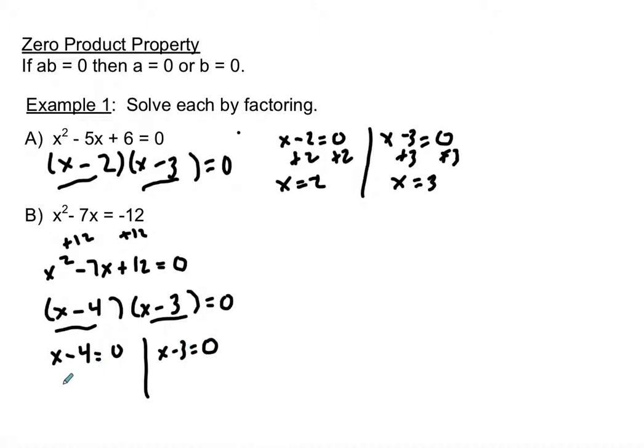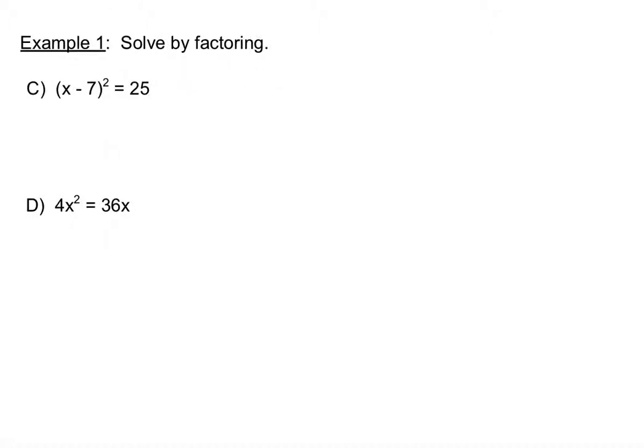Now I can add 4 to both sides over here, and I end up getting x equals 4. I can add 3 to both sides over here, and I get x equals 3. So those are our two solutions, x equals 3 and x equals 4.